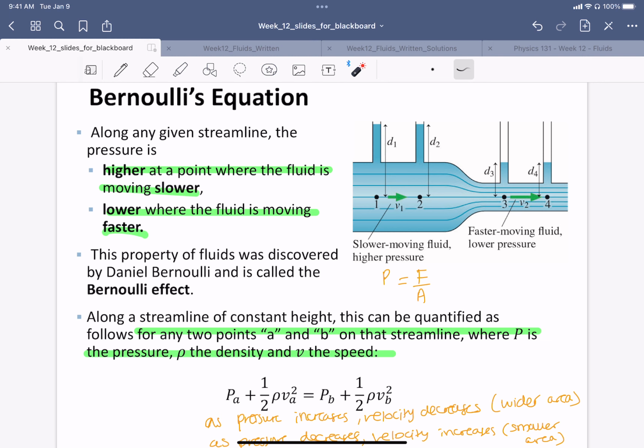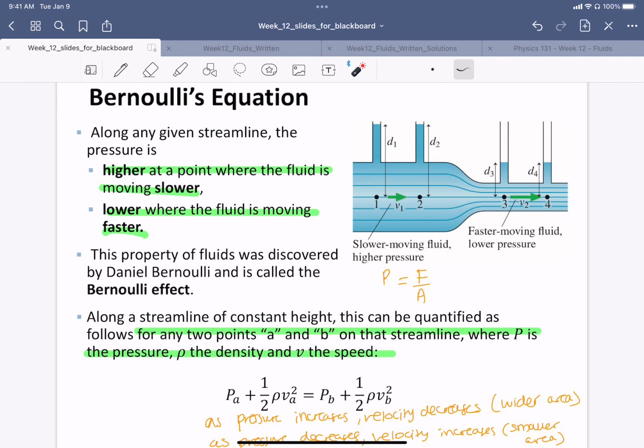So you might think that this part right here has higher pressure. But it's a little weird how they define it, because what they're saying is, to reach a higher speed in these tighter areas, I'm going to have to increase pressure in the wider area. And pressure is force over area. Increasing velocity means I have to apply some kind of acceleration, and force is equal to mass times acceleration.